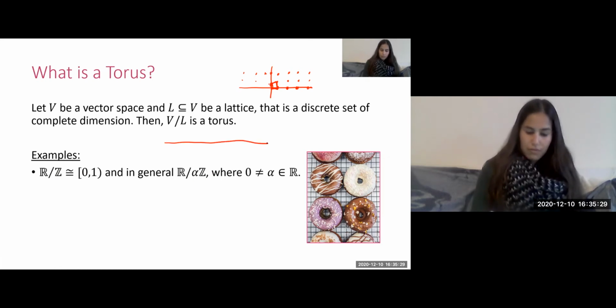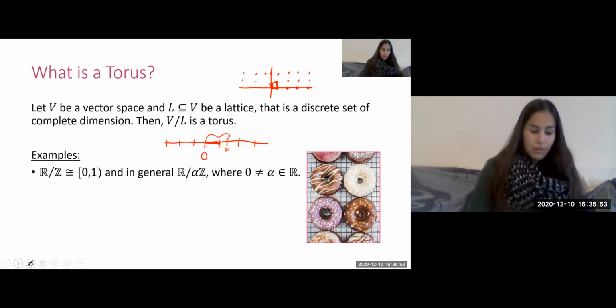For example, if this is the line, this is Z. For example, this is 0. Then R mod Z, you could take these guys to be a set of representatives for R mod Z. If it was R mod alpha Z, then you could take, for example, this here to be a set of representatives. So this is a very simple example, which we'll deal with today.